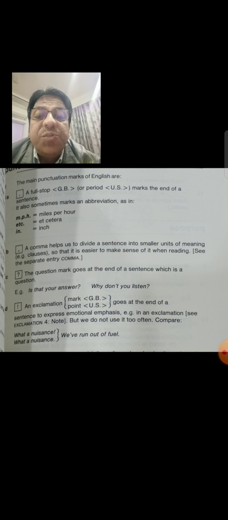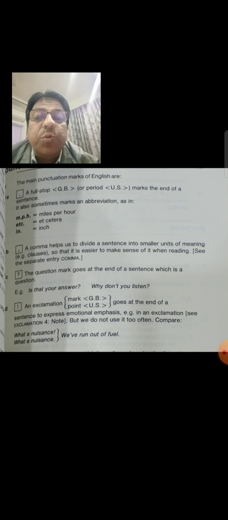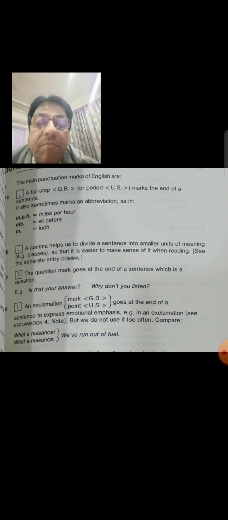For instance, miles per hour, etc., inches, etc. A comma is used to mark off items in a list. And we've seen other uses of commas. They are also used to mark off two coordinated clauses, using but, to mark off initial adverbials, and to mark off vocatives.